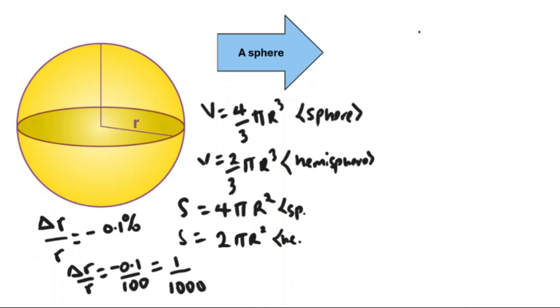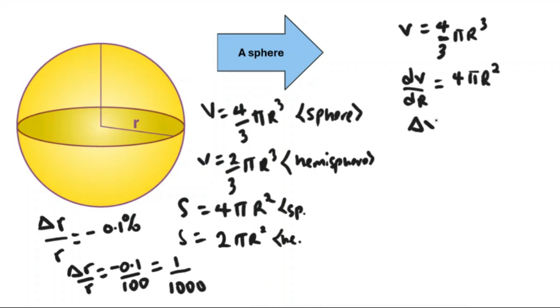So let's go straight to our volume formula again. Our volume is 4 over 3 pi r cubed. dV/dr, differentiating with respect to r, will give us 4 over 3 times 3, that will give us 4 pi r squared. So from approximation, change in V over change in r will be approximately equal to dV/dr.